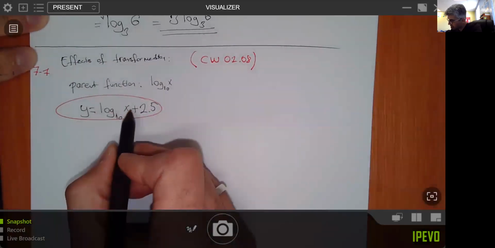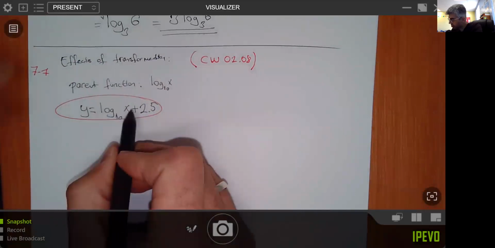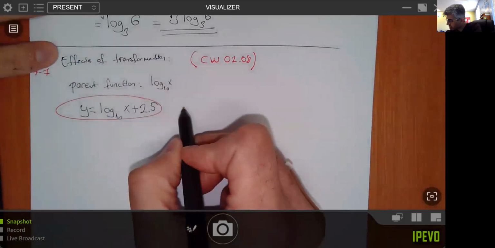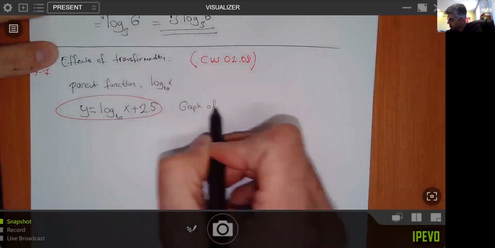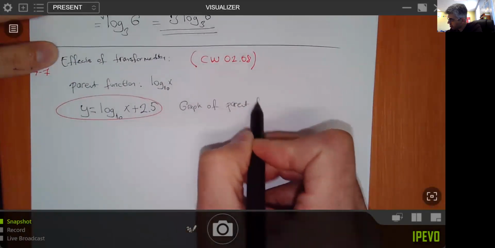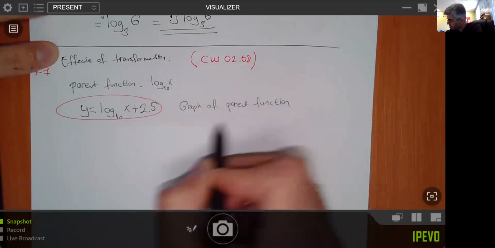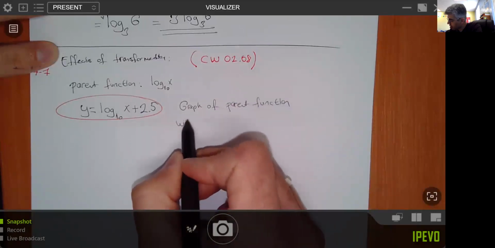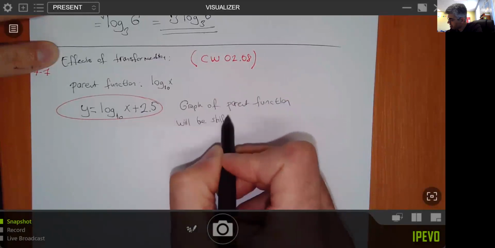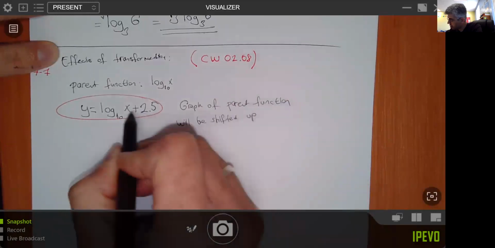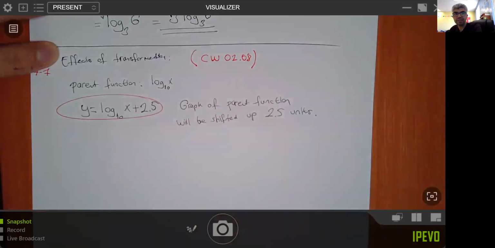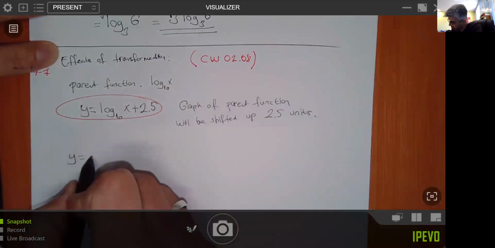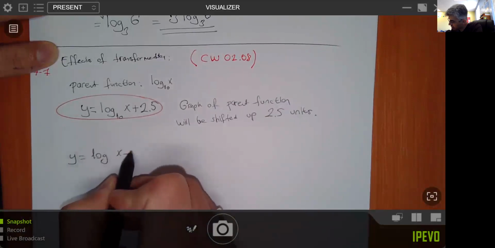When we have a number after the logarithm, it means the graph will be shifted. So the graph of the parent function will be shifted up 2.5 units. Make sense? So if we have something like y equals logarithm of x minus 3.